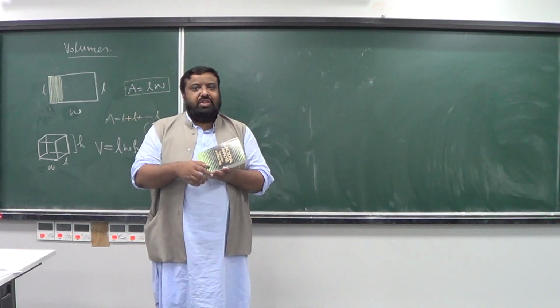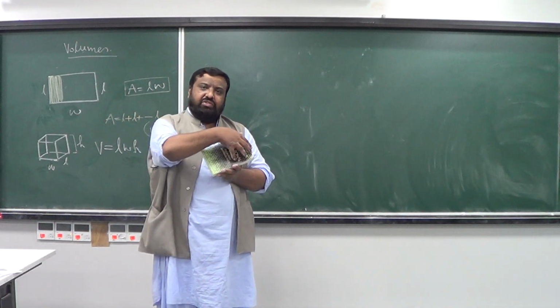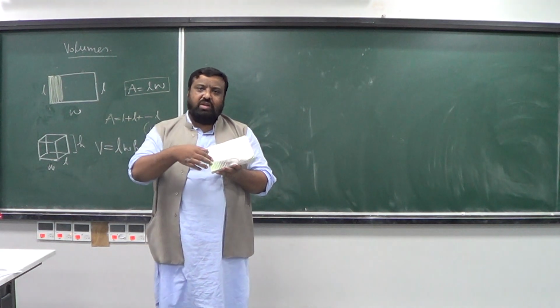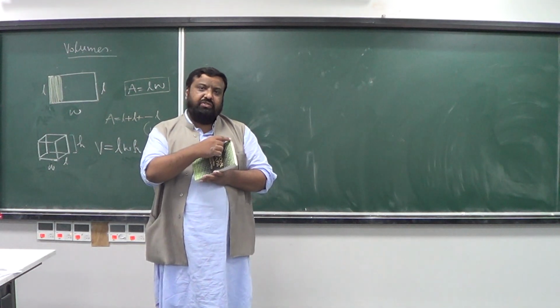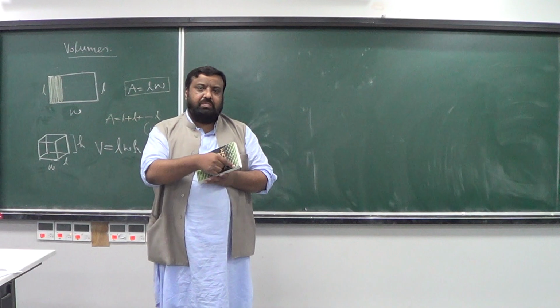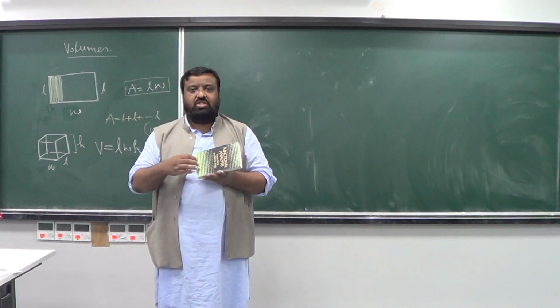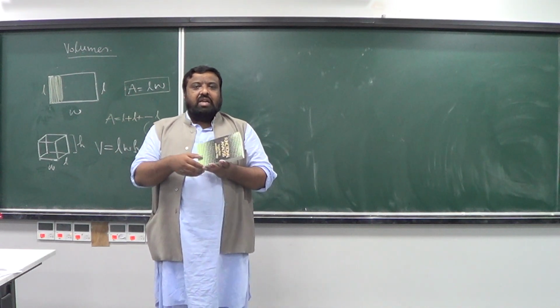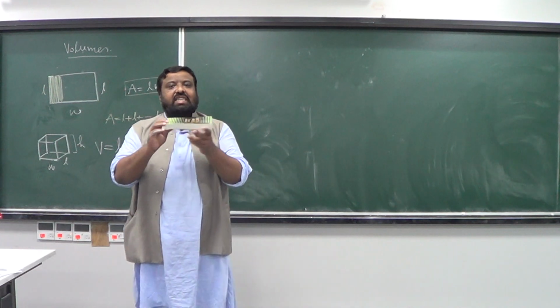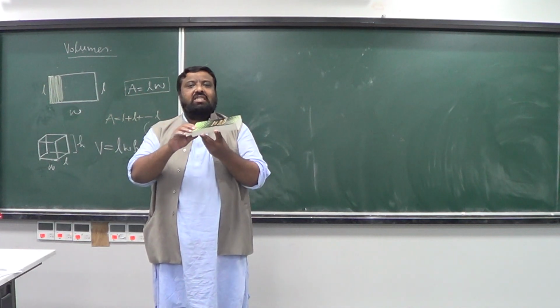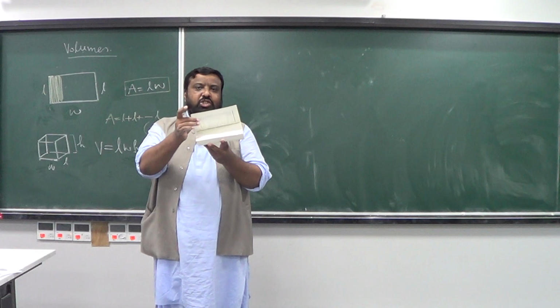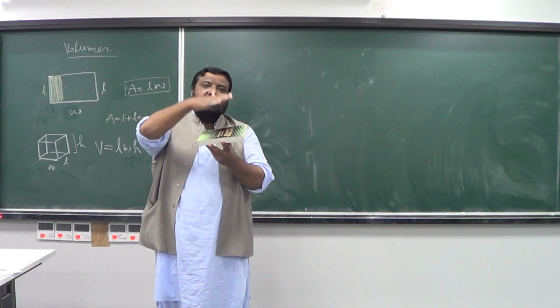What is the area of, say, this cover page or one page of this book? It's going to be length multiplied by width. So this is going to be the area. But I can treat this box as a lot of such pages stacked on each other.